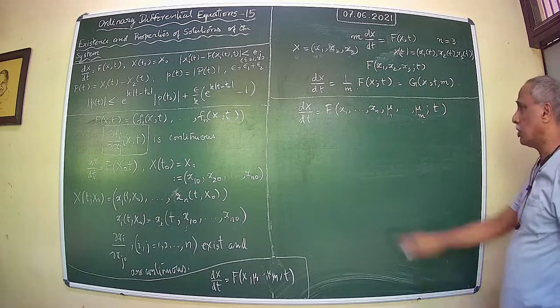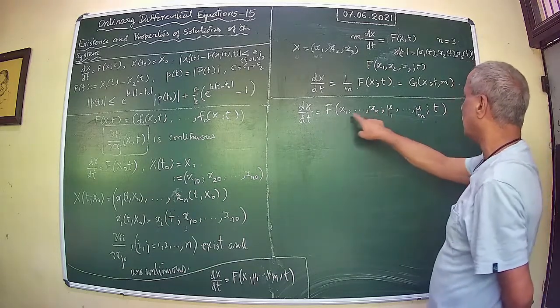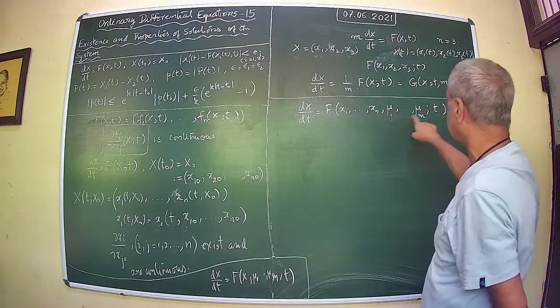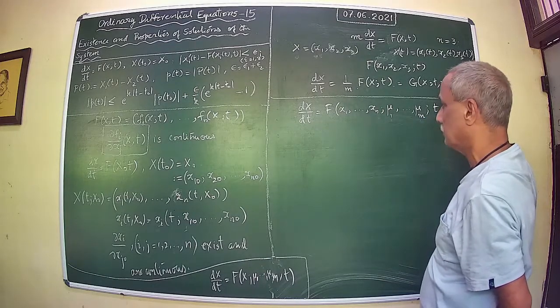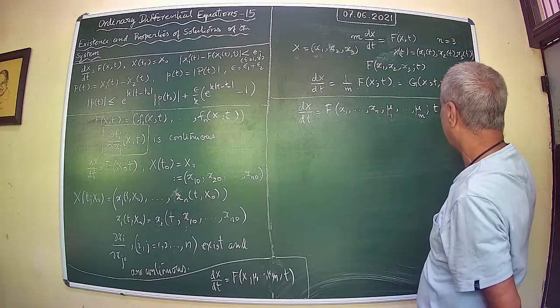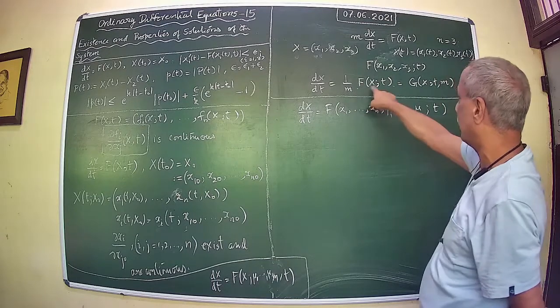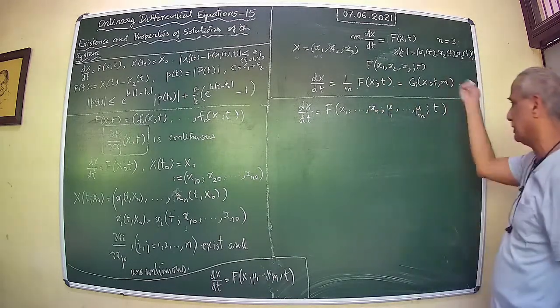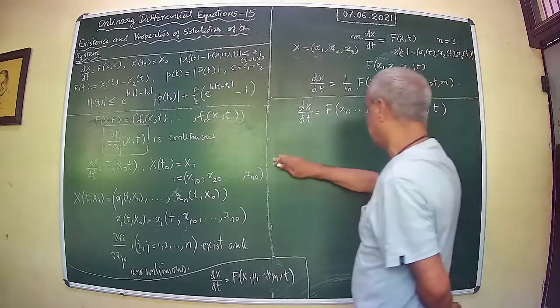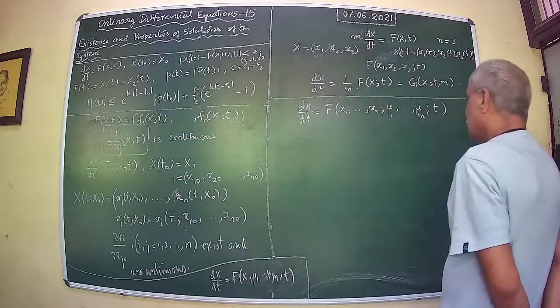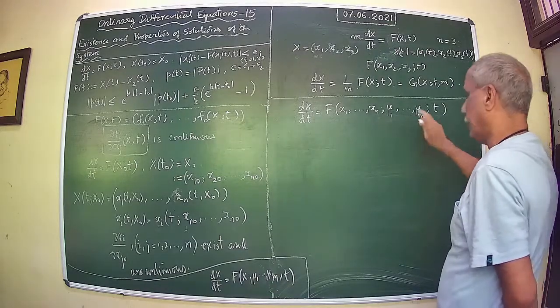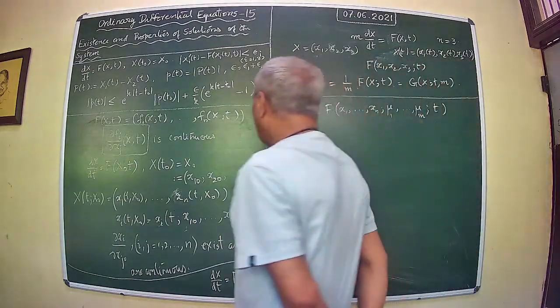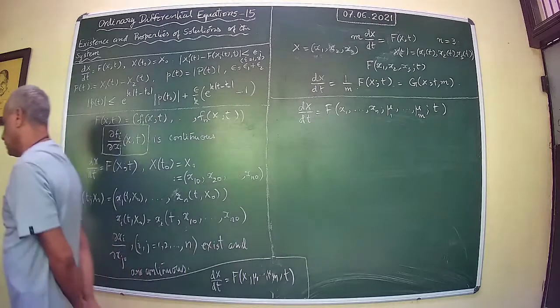So each component of f is a function of these n variables and then these m parameters and t, like what you had here. And g(x, t) is 1 by m f of x, t. So that is the sort of relationship that you have. So these are considered as parameters. So how do the solutions depend on these parameters?